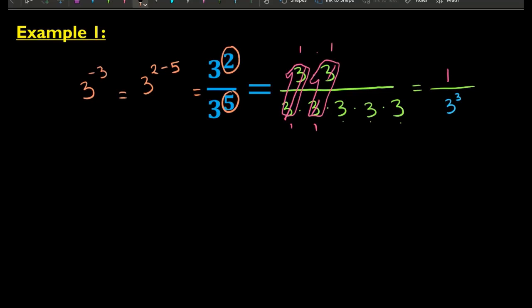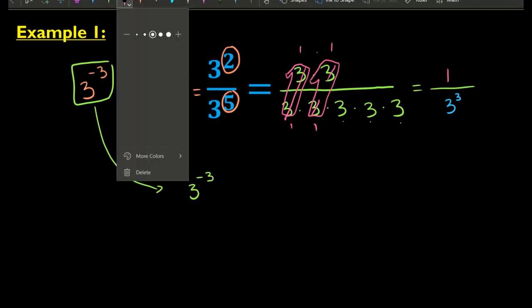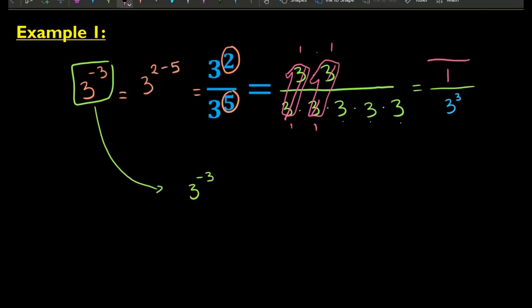Okay, 2 minus 5 is negative 3. So now what we're going to do is take the answer on the right, bring it out, 3 to the negative 3, and the answer on the left, we're going to bring it down. That will give you 1 over 3 to the third power.